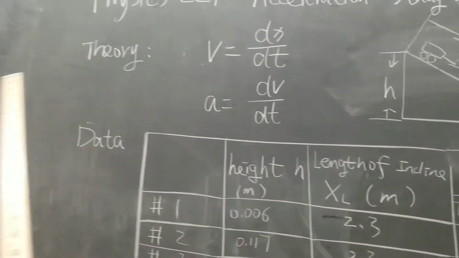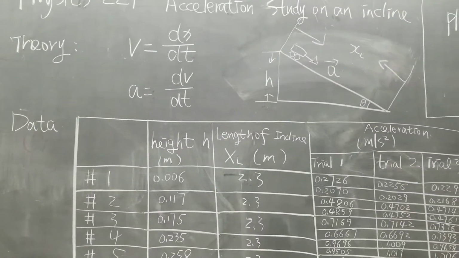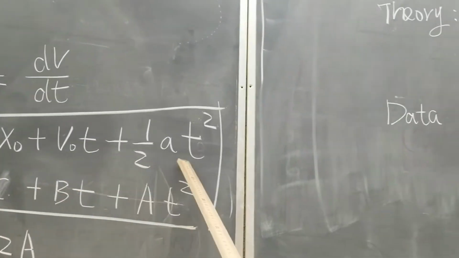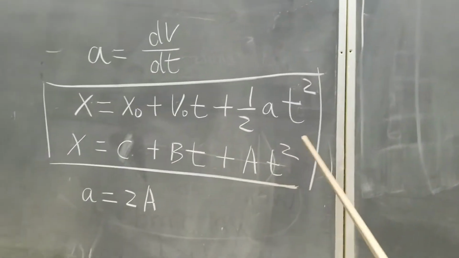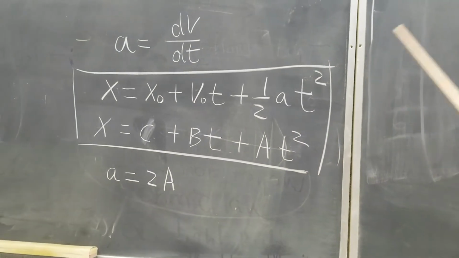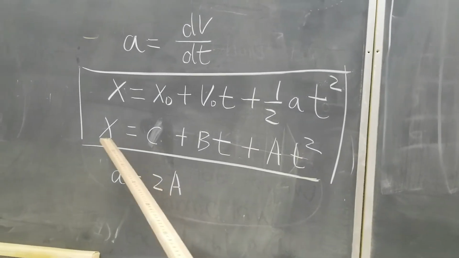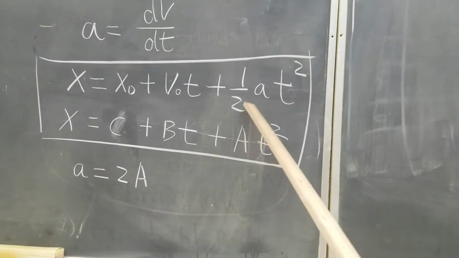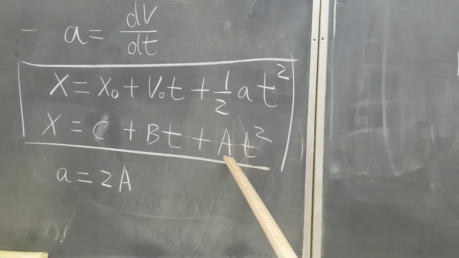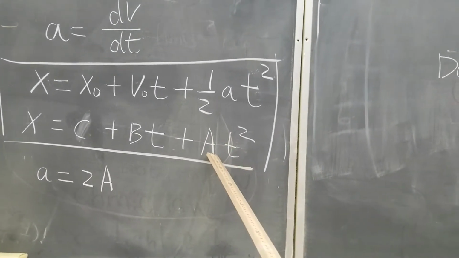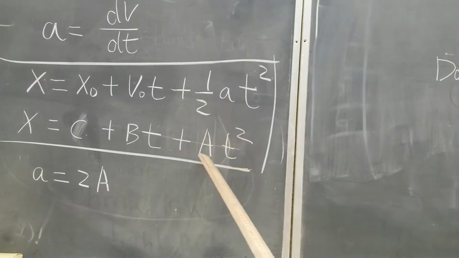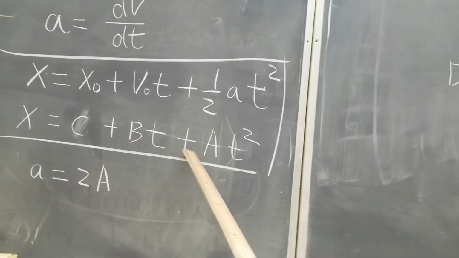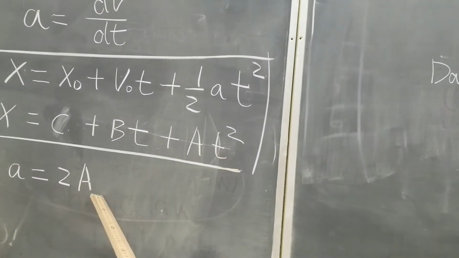For position, if the motion is with constant acceleration, we know that the position and the acceleration follow this relationship. Using the software, we can make a curve fit of the position-time graph. If you compare the coefficient of the second-order term in t, we can find that the acceleration will be 2 times the coefficient of t squared, 2a.